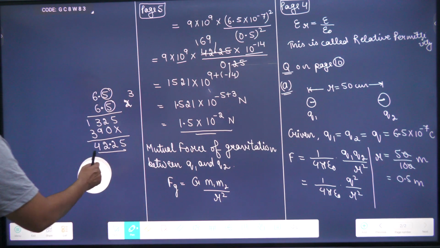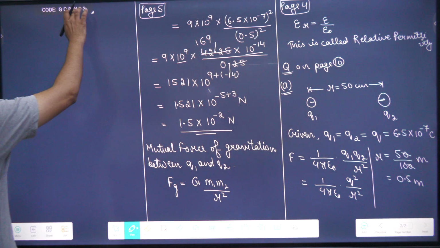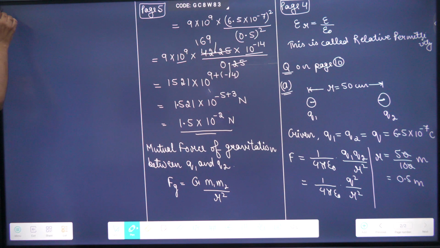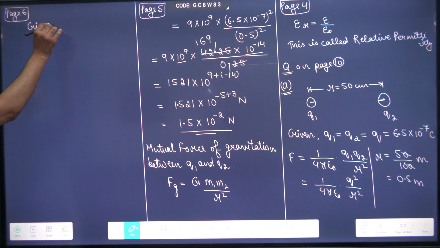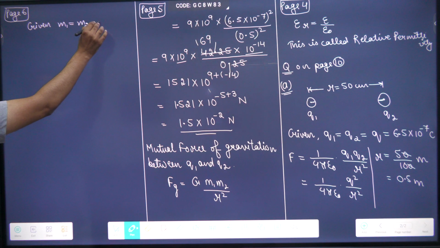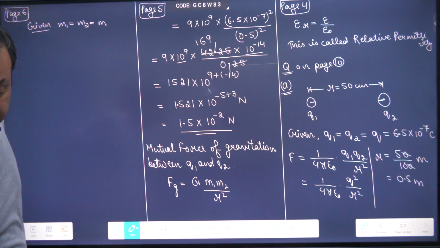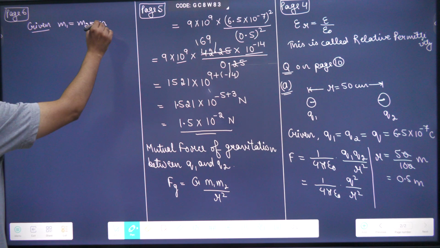So it is given that m1 is equal to m2 is equal to m, and it is 0.5 kilogram.